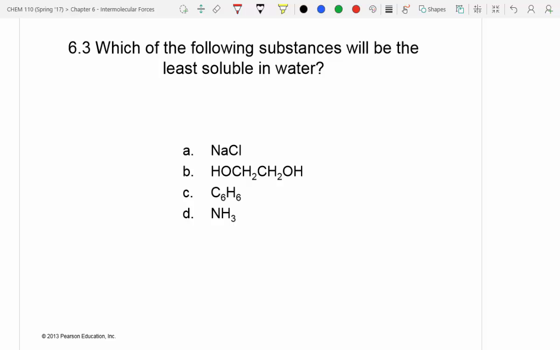So if we look at sodium chloride, that's ionic, so that's very soluble. What about this one? Do you think it's going to be soluble? Yeah, it can H bond for sure. What about this one? No, it's got dispersion forces only, so it wouldn't be very soluble. What about ammonia? It can H bond, so that one would be very soluble.